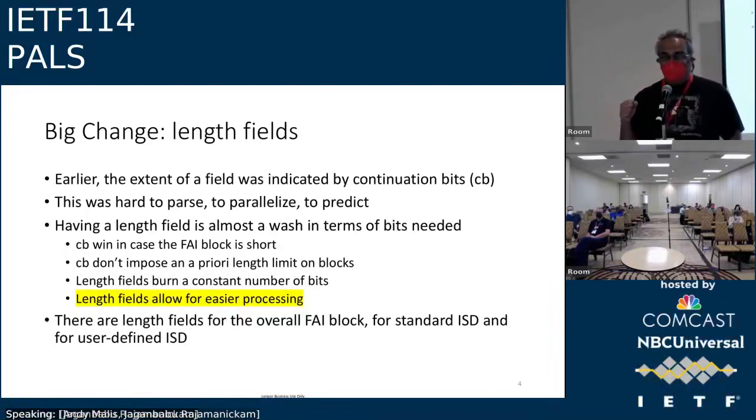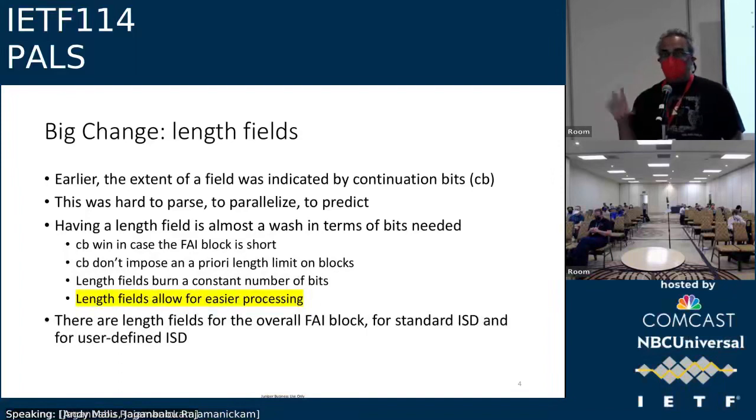But feedback from the Broadcom folks said that it's much easier to have a length field up front, and then you say, oh, this whole block is 10 words, just take the 10 words and throw them out. So we moved from having continuation bits for the whole FAI block, for the standard in-stack data and for the user-defined in-stack data.